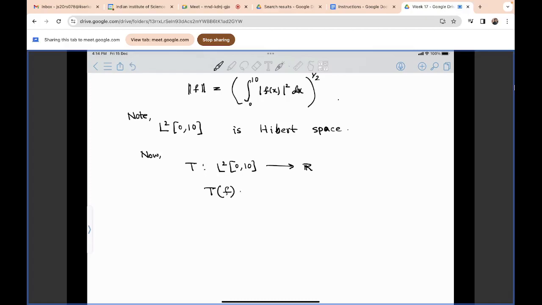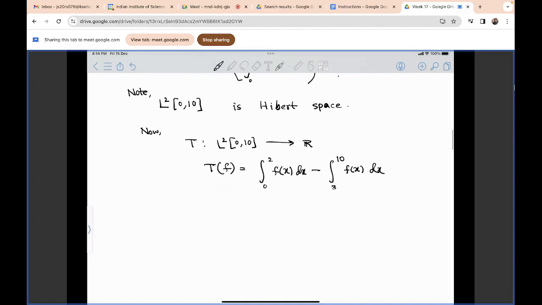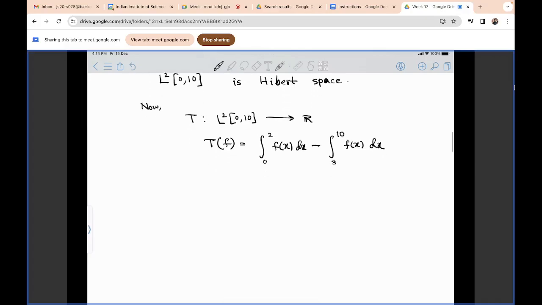T of f is the integral from 0 to 2 of f(x) dx minus the integral from 3 to 10 of f(x) dx. So this is obviously linear, a linear functional. You have to find the norm of this T.